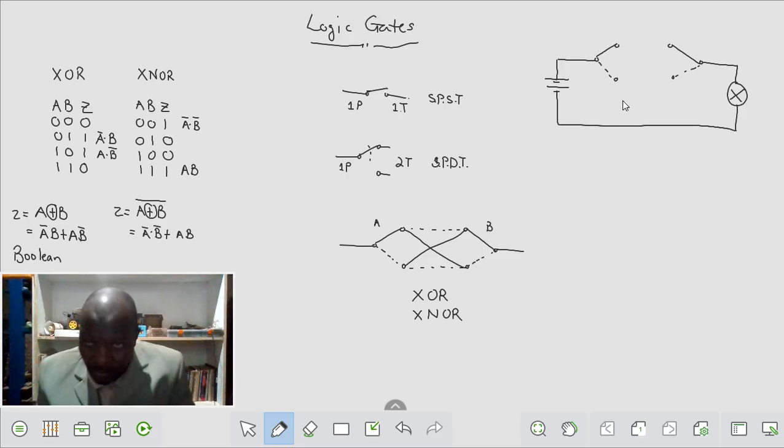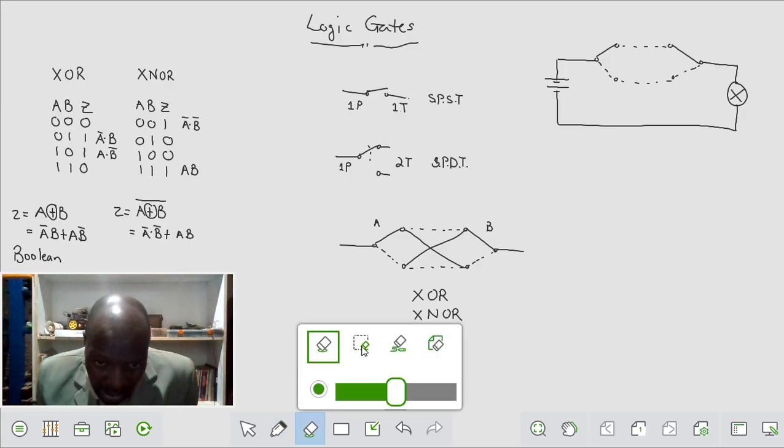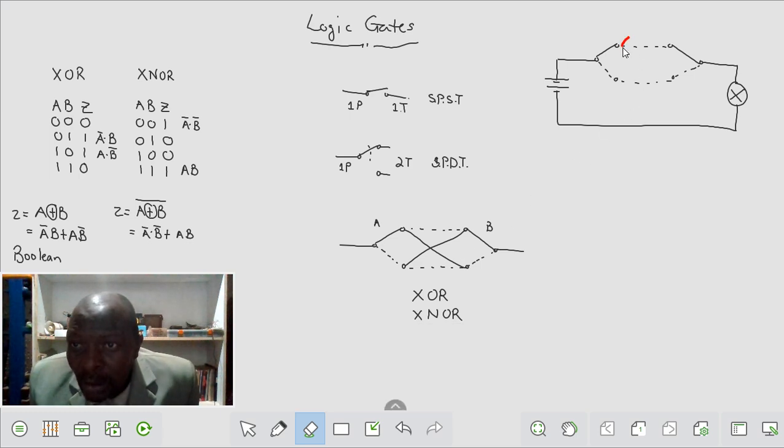I have two ways to connect: the equals or the X. Let's start with the X, exclusive OR.